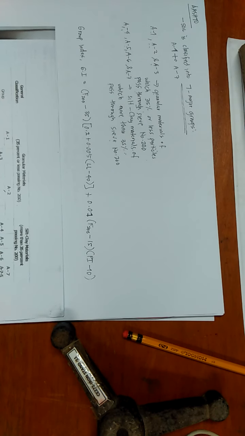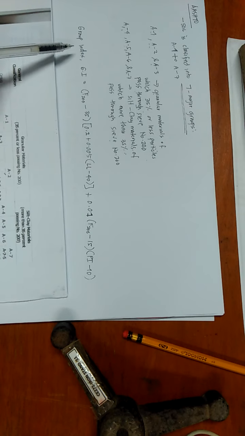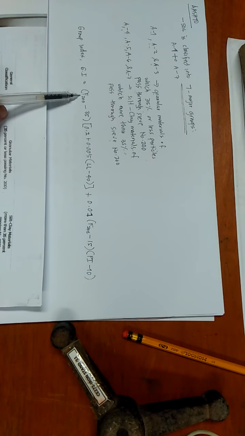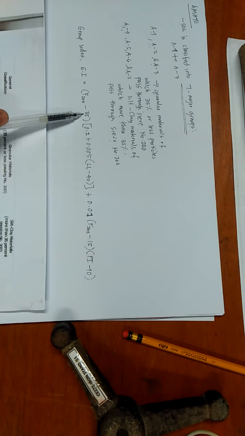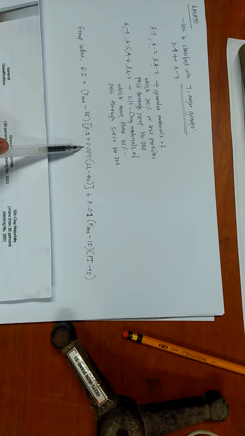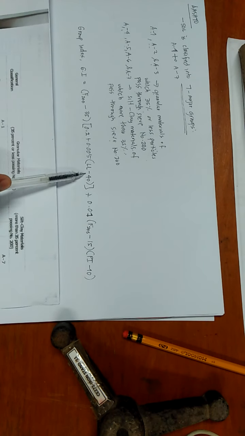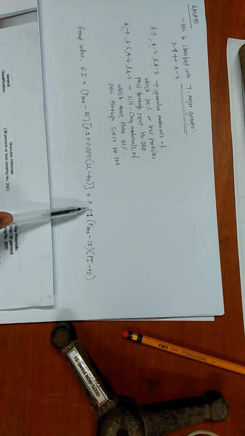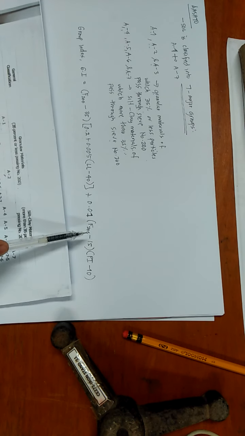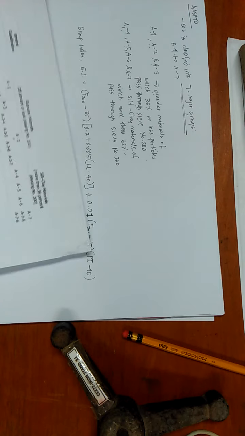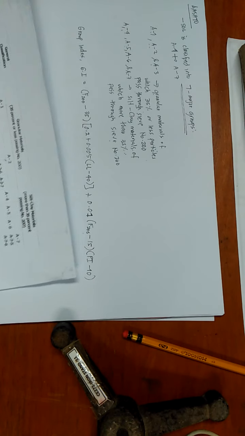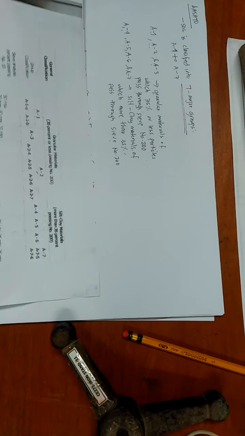And again, your formula for your group index is equal to (F sub 200 minus 35) times (0.2 plus 0.005 times (liquid limit minus 40)) plus 0.01 times (F sub 200 minus 15) times (PI minus 10). So, yan ang magiging group index natin.